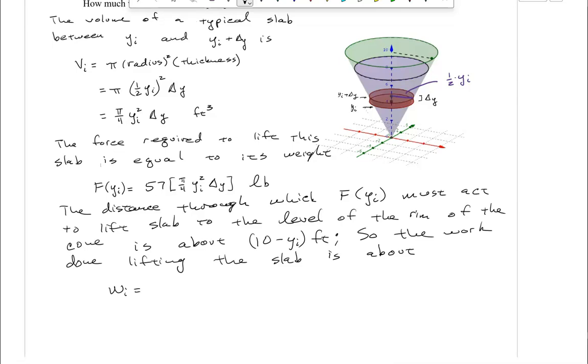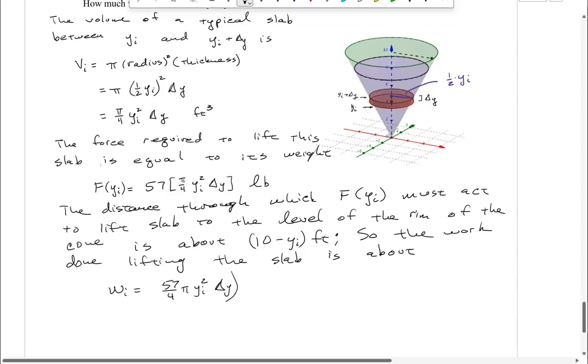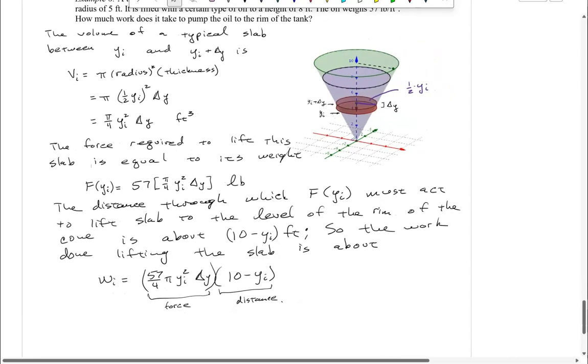So our force is 57 pi over 4 y sub I squared delta y, and that's multiplying our 10 minus y sub I. Again, this is force, the weight, and this is the distance that it has to be moved. All right, so kind of technical, but we're actually getting close to where we need to be.